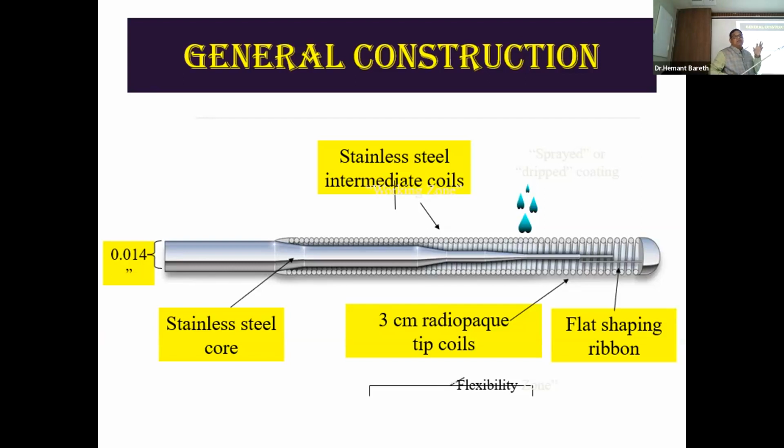So this is the engineering marvel that you can imagine, that the core ends before the tip, but it's connected to the tip. Clear? So this is the normal design of a normal guide wire. Now there are exceptions, there are changes, and we will come to that. So this is the usual construction.